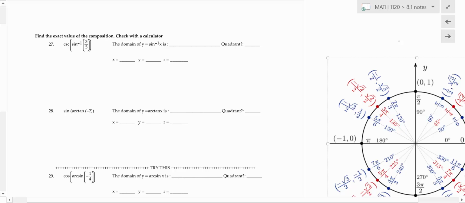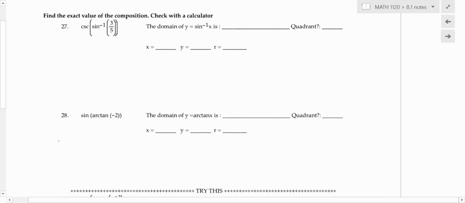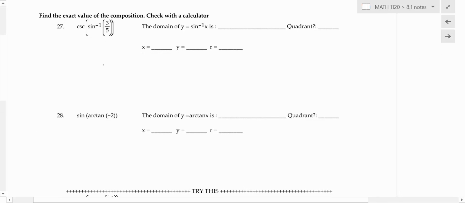Okay, now let's finish up with a little bit of this composition stuff. These problems right here are designed so that you don't even need the unit circle. So I don't really need that on here. What we're going to do on this one is we got two things. We're doing the cosecant of the inverse sine of something.